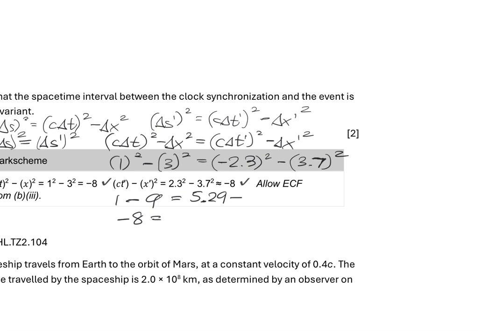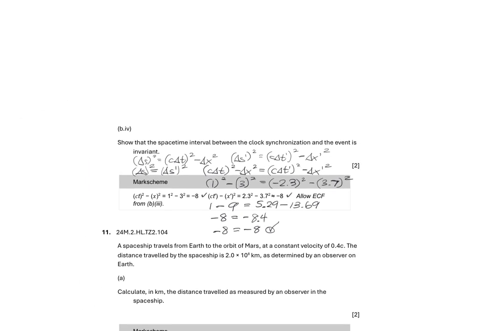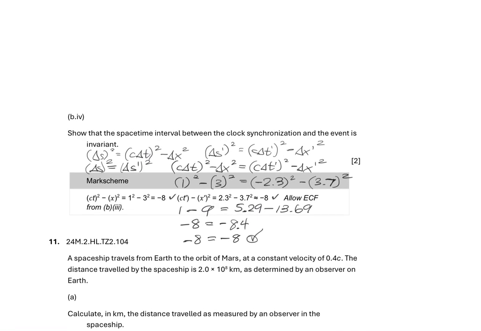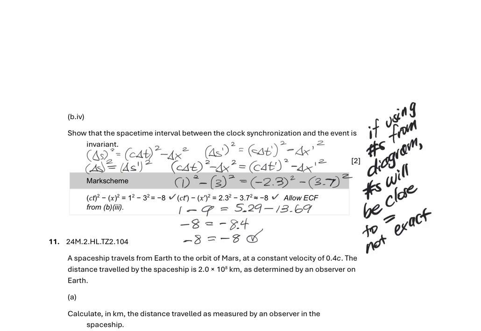So yes, it works if you use the numbers from the Lorentz transformations and not from reading the graph. The takeaway from this last question on number 10: if you're using numbers from the Minkowski diagram and trying to prove space-time invariance, the numbers will be close to each other, but probably not exact.